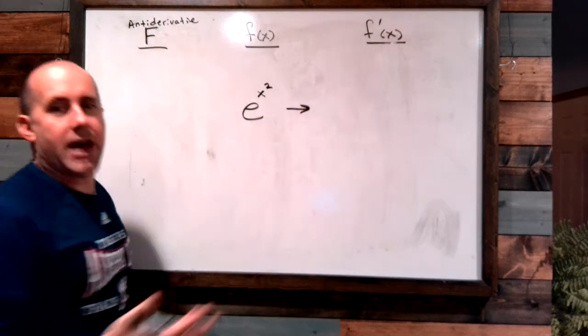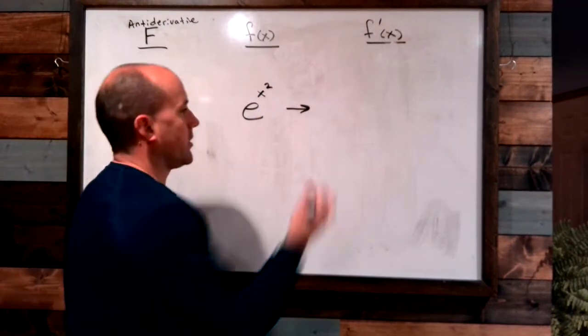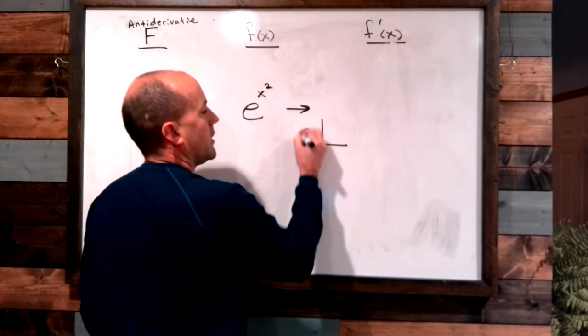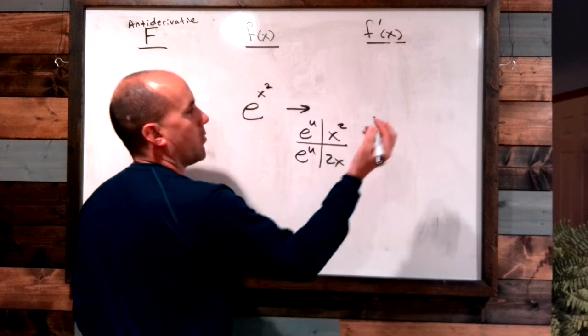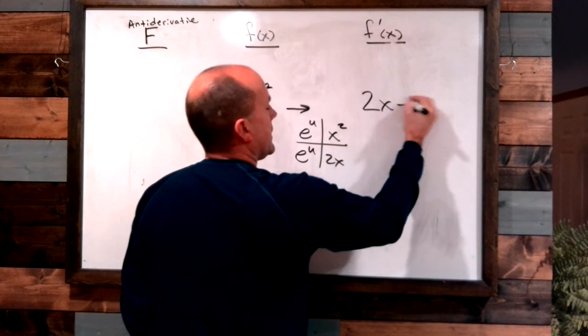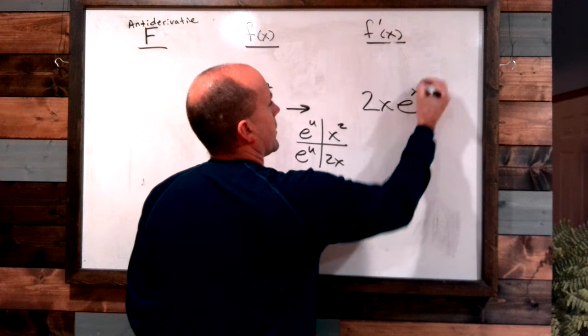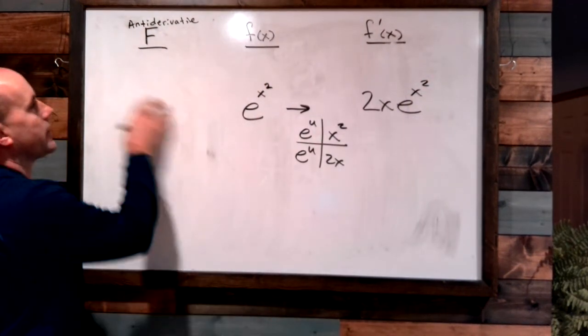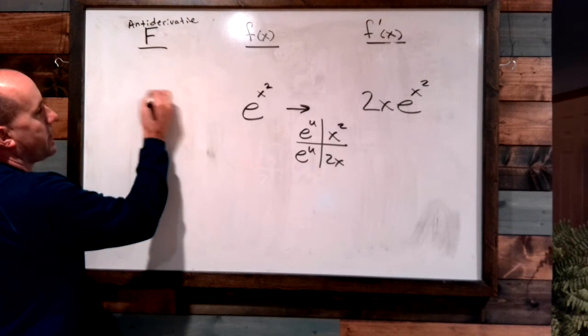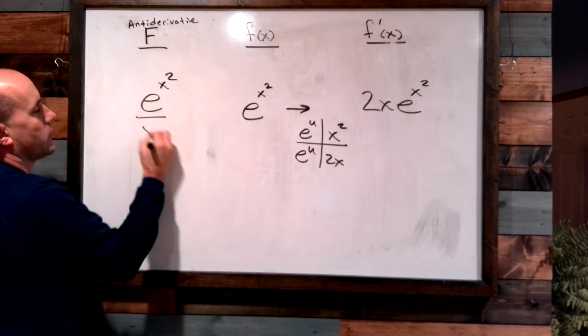Notice if you go that direction, if you take the derivative, you use the chain rule: e to the u, x squared, e to the u, 2x, no big deal. You get 2x e to the x squared. That's the derivative. And so you might think that if you do the antiderivative, maybe it'd be like e to the x squared divided by x squared.